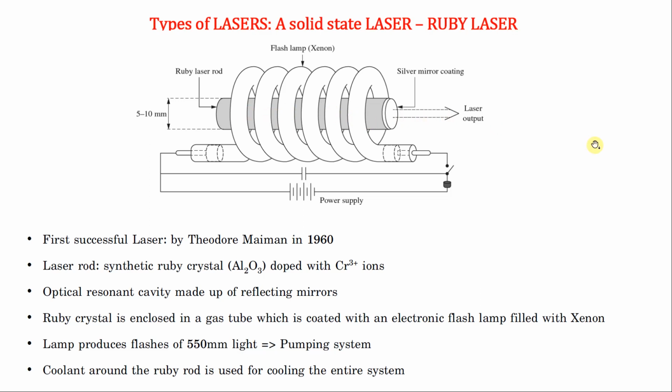This flash lamp is able to produce a white flash of wavelength 550 millimeter. The white light produced by this xenon flash lamp is what is going to act as the pumping system. There is also a coolant used around the ruby rod in order to cool the entire system.